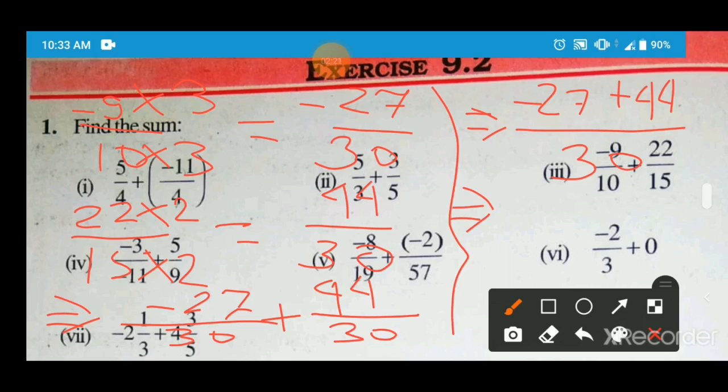Then it shows minus plus, so we subtract 27 from 44, so it is 17 upon 30. And for minus plus, we take the sign of the greater number. The greater number is what? That is 44, and the sign of 44 is plus, so it is plus 17 upon 30. This is our required answer for the third part.